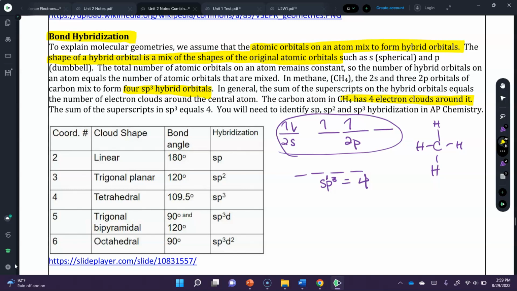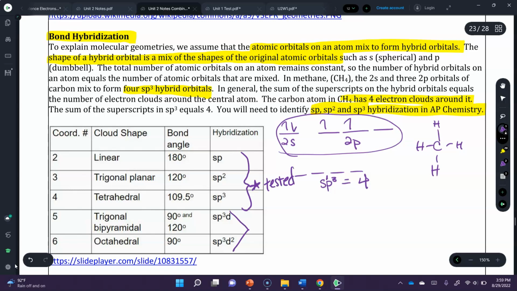So you need to be able to identify sp, sp2, and sp3 hybridization in AP Chemistry. So what that means is that these ones here are tested. These are exception rules, and they would give it to you. They would tell you, hey, this is what the hybridization is. You may need to use it to explain a pattern or a trend.